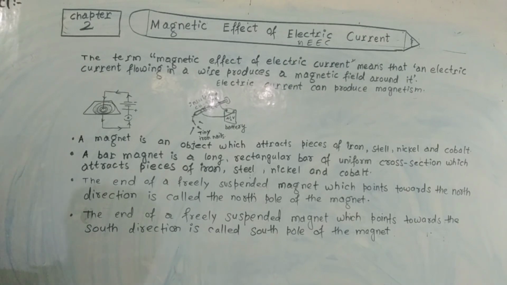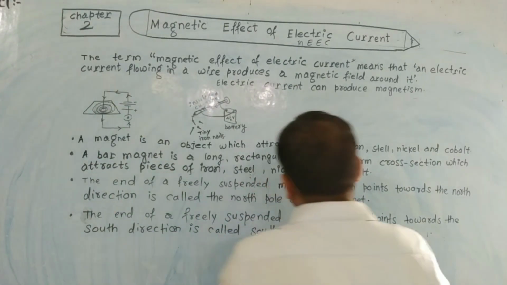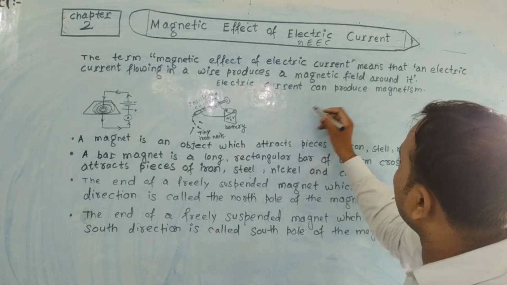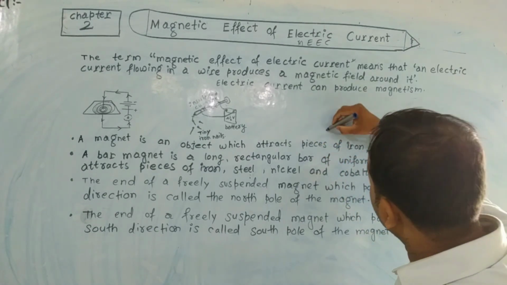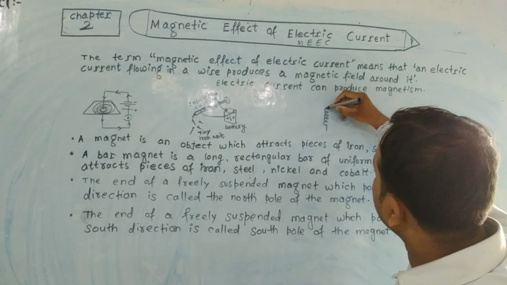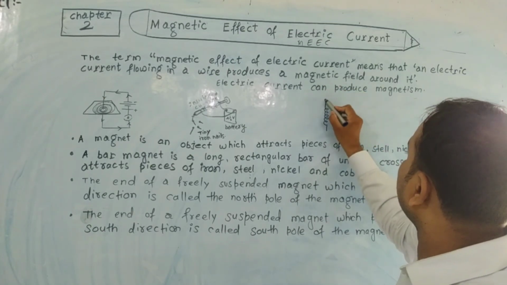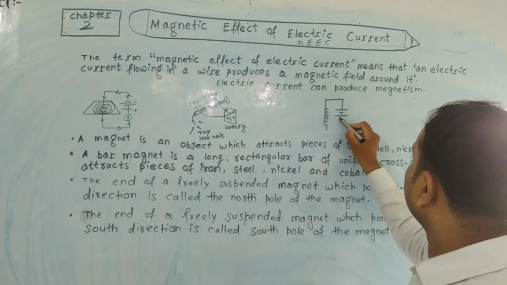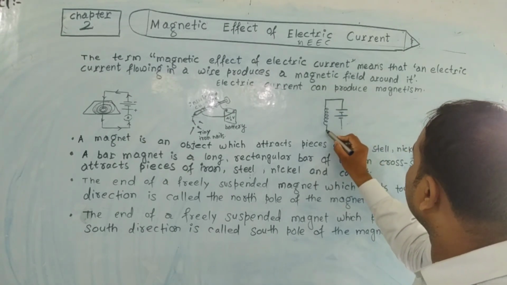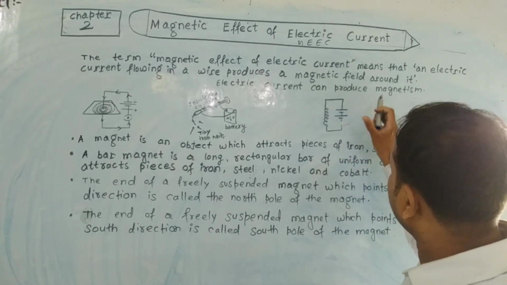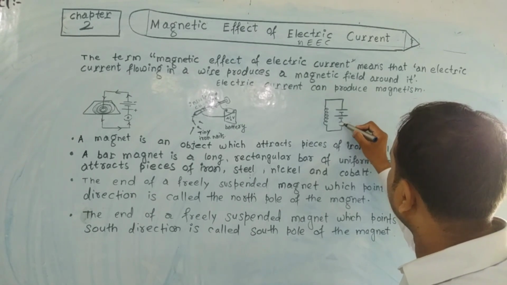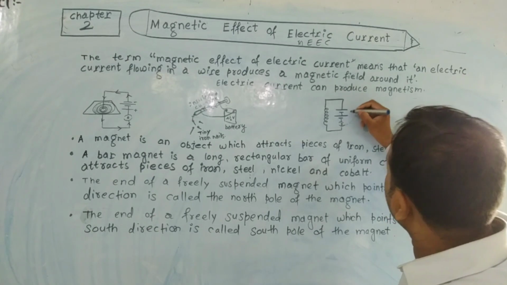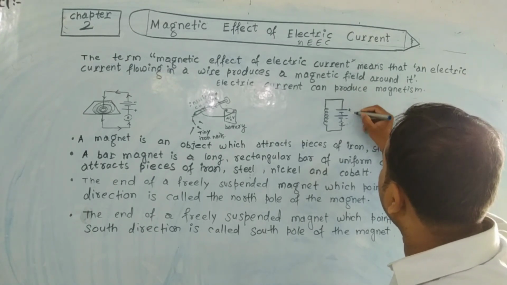Another example: if you take an insulated copper wire or coil and connect it to an electric circuit, when the switch is on, current flows from the positive terminal to the negative terminal.